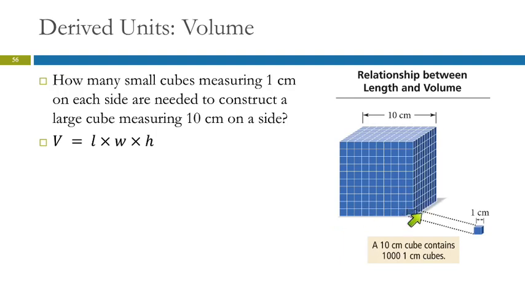And along this side, we'd need 10, and going up, we'd need 10, right? So if we have a 10 centimeter cube, that's going to take 1,000 of the little 1 centimeter cubes. It's not 10 of them, it's 10 times 10 times 10. Length times width times height.